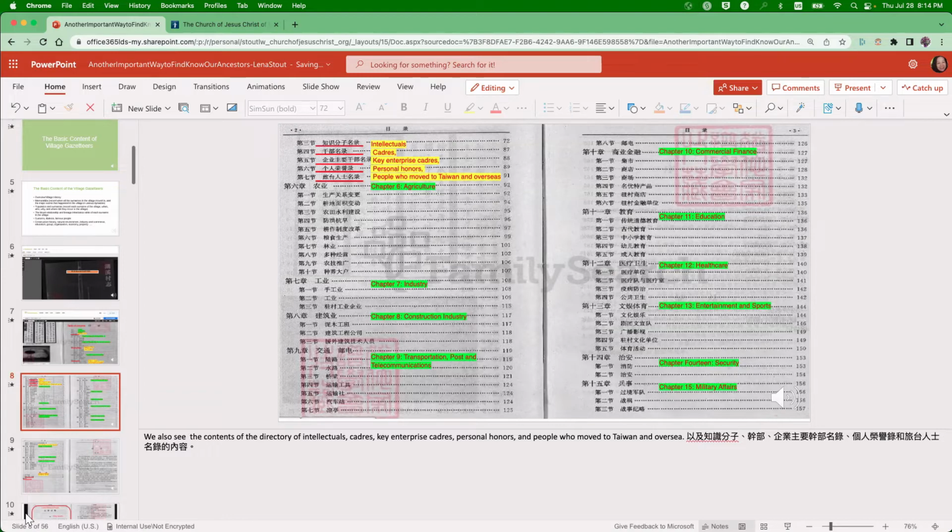I don't know how often they are created or updated, but it could be that, let's say in 1980, I was living in this particular village, and it would capture information about me, my family, and maybe my descendants, right?